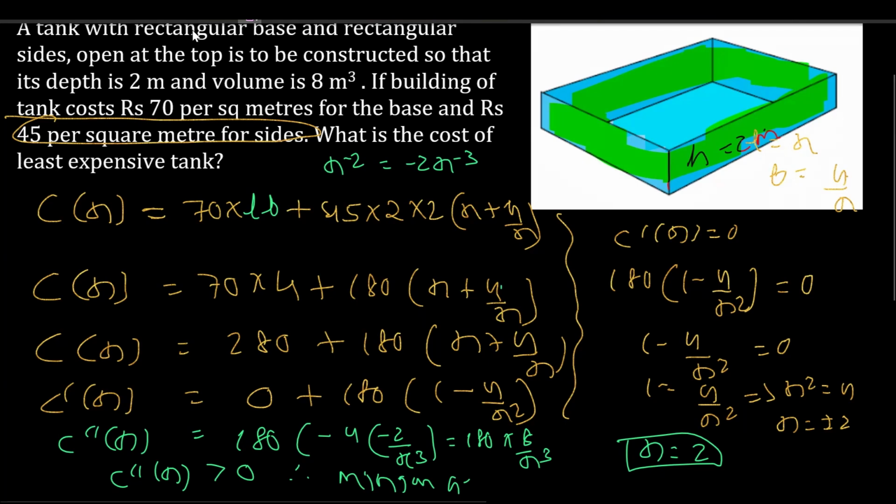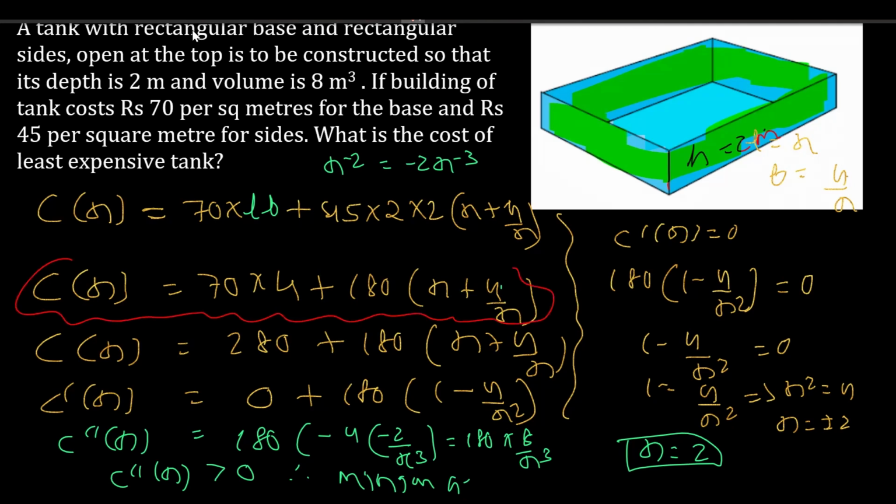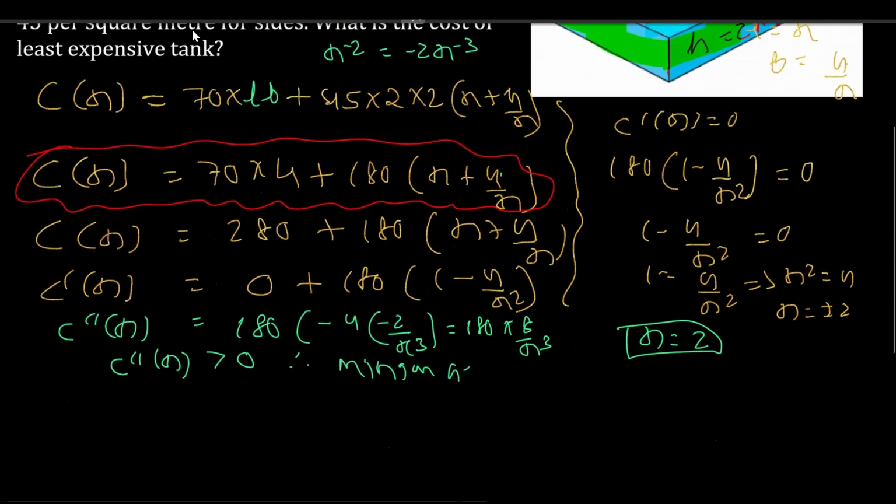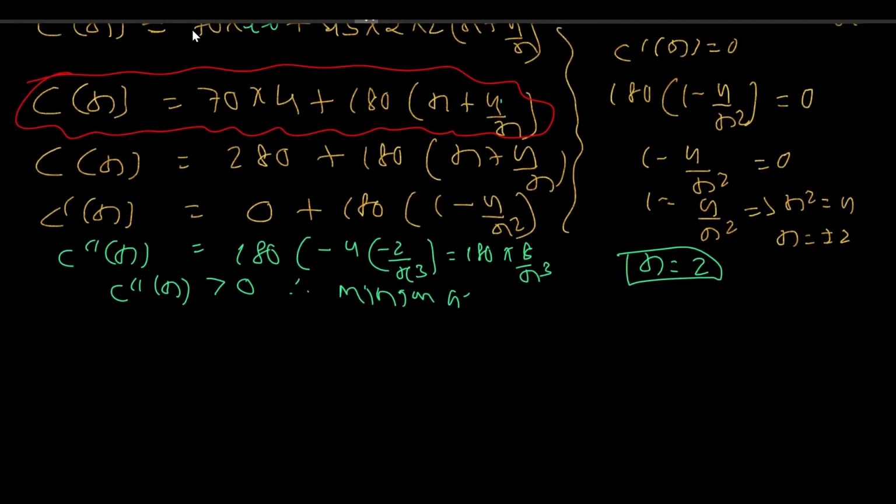So next we are going to replace x with the value we have already got. I can replace it in any of these equations. Let's say I replace it over here. So the cost C(x) is going to be, taking x as 2, 280 plus 180 multiplied by (x plus 4 over x), which is 2 plus 2.